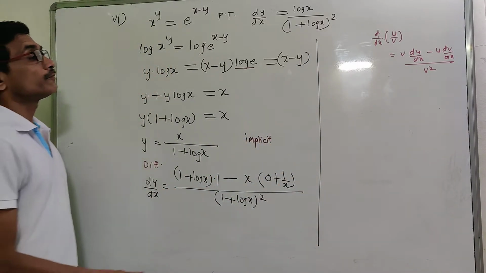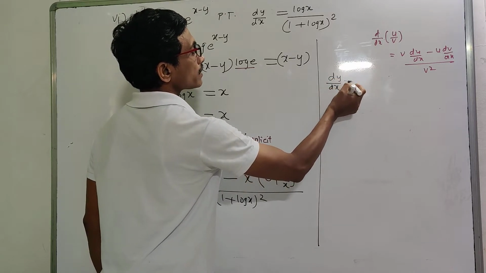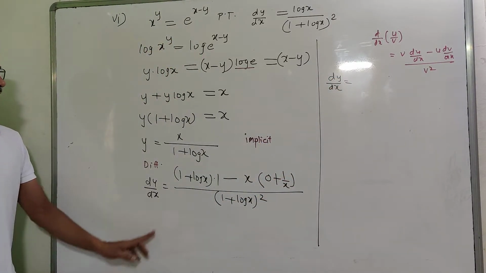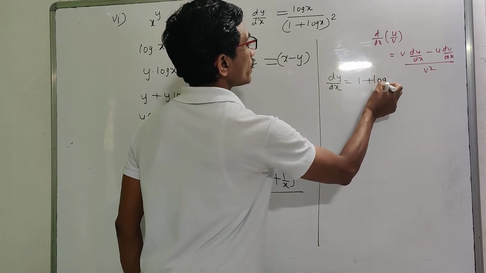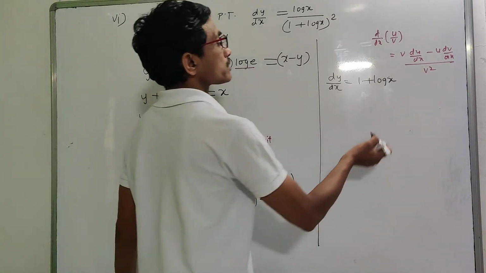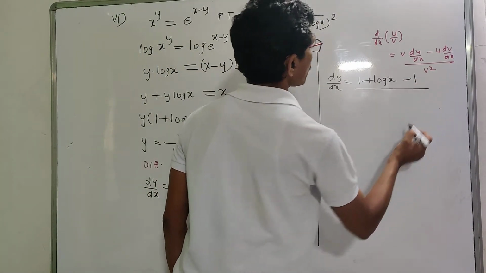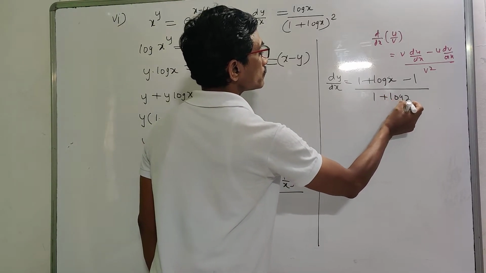The left hand side is dy by dx and the right hand side is 1 plus log x, minus 1 plus log x, where this x is getting cancelled, upon (1 plus log x) whole square.